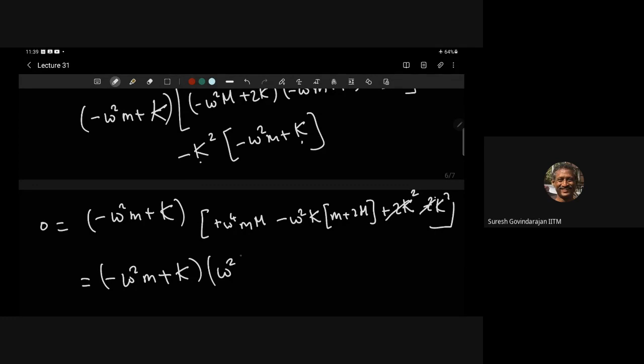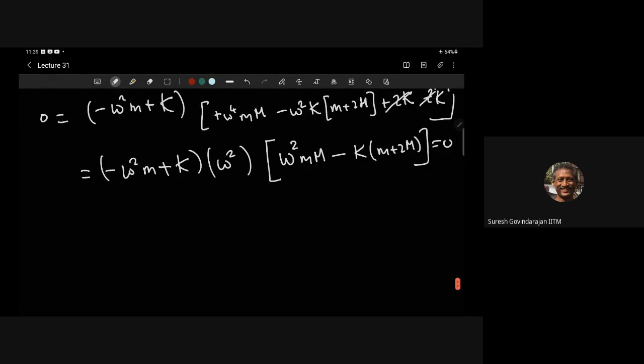Omega square I can pull out, okay, and maybe I'll even pull out a k, but no, leave it that way. Okay, so this factorized neatly.